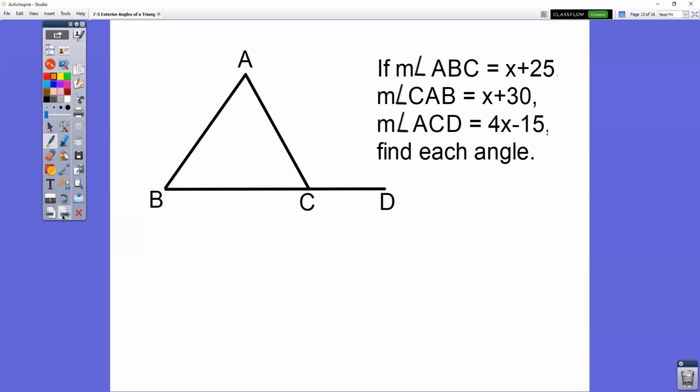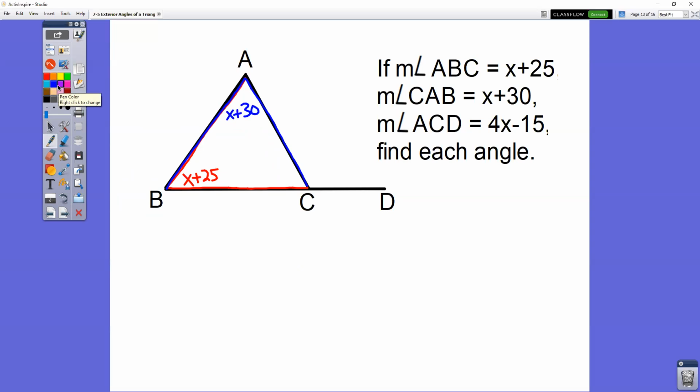In this next one, we have the measure of angle ABC, A to B to C, is X plus 25. The measure of angle CAB, C to A to B, this angle is X plus 30.